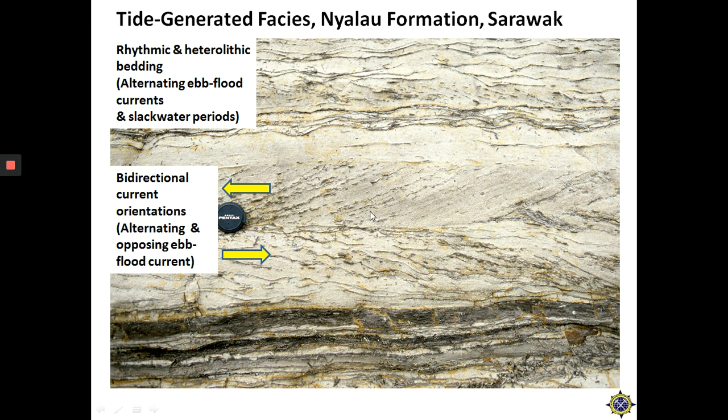The combination of herringbone crossbeds together with mud-draped tidal bundles in the crossbeds, with evidence of thick-thin alternating packages, combined with thick intervals of wavy, lenticular, and flaser bedding. That combination of evidence, to me, is strong support for a tidal interpretation for the origin of these deposits.